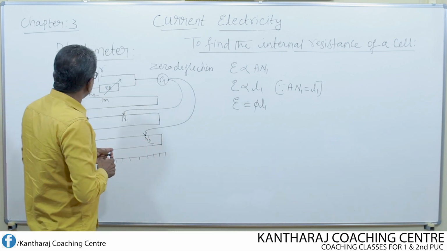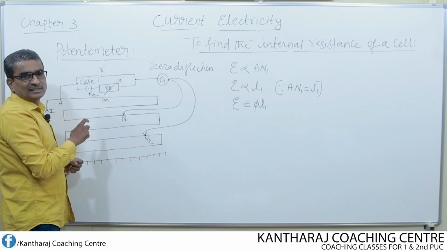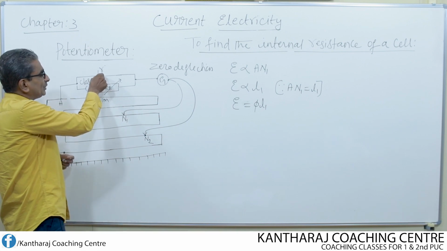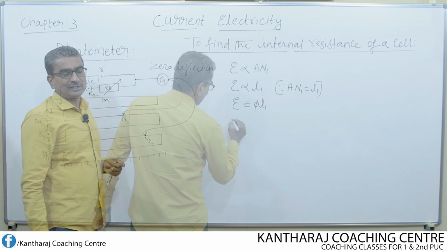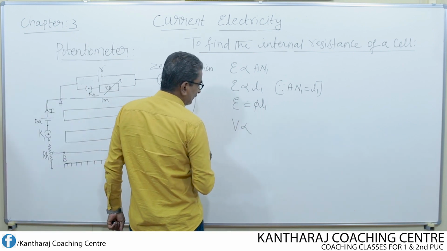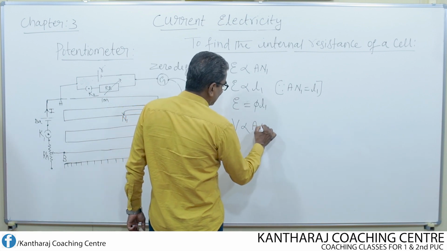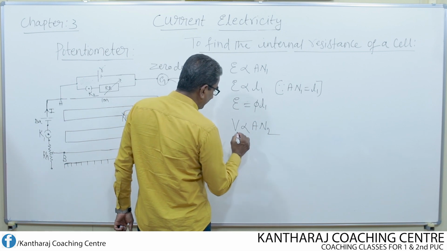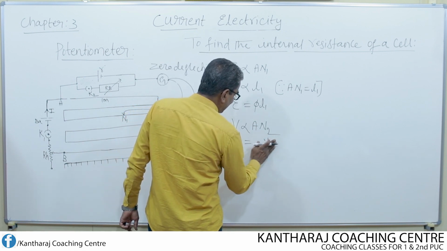Now since the current is drawn from the cell, the potential difference between the two terminals of the cell is called the terminal potential difference. I write like this: terminal potential difference V, according to the principle of potentiometer, is directly proportional to AN2. That is V proportional to AN2.